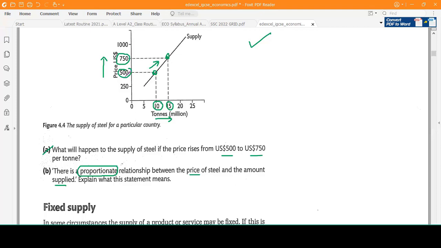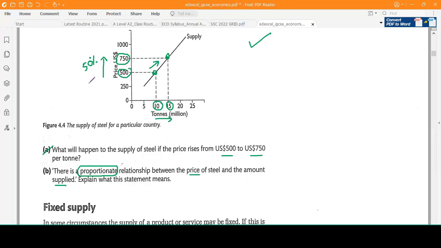For example, from 500 to 750, definitely it has increased by a 50% increase. Because if the price was doubled from 500 to 1000, then it would have been a 100% increase. But it is 750, so it's a 50% increase.